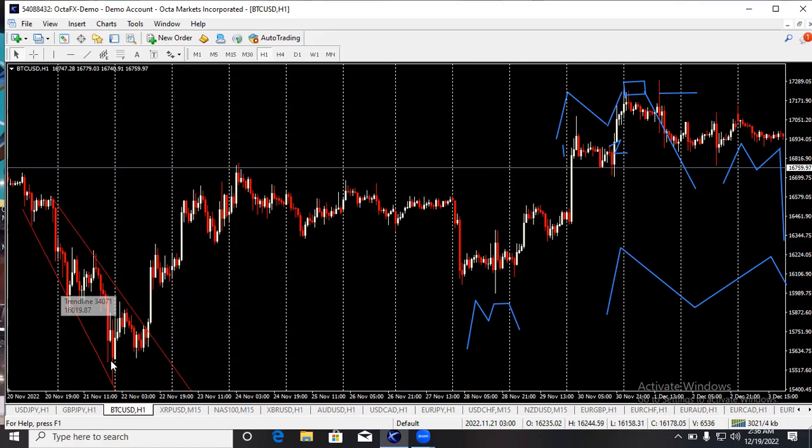Let me annotate it so you can understand what I'm saying. This is the first leg, as you can see. The market moves up here. As you can see, this is one leg. Then on the second day, the market does this, then moves up.